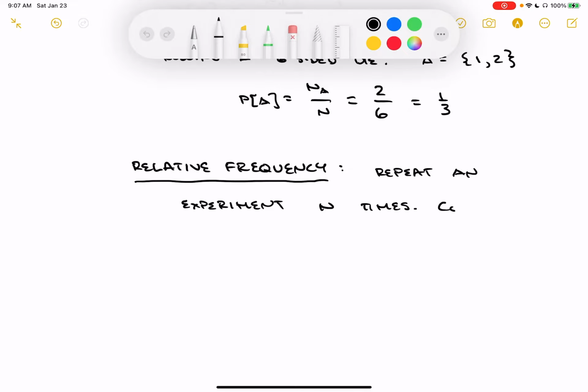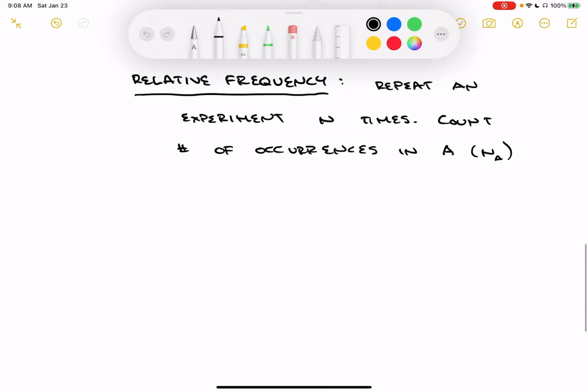We count the number of occurrences in A, whatever our event A is. We could call that number of occurrences N_A. Then the probability of A is equal to N_A over N.